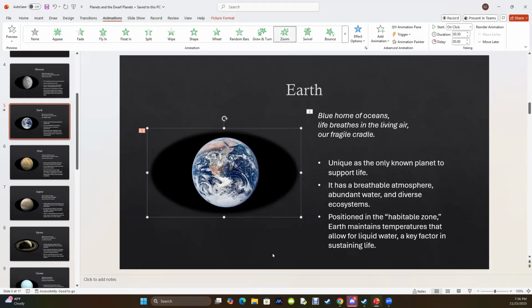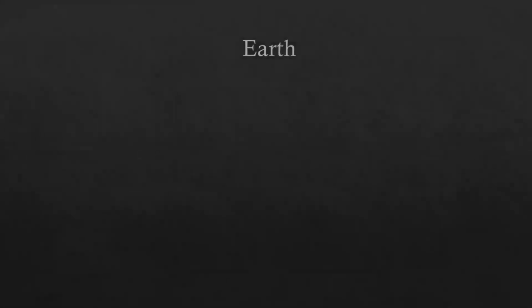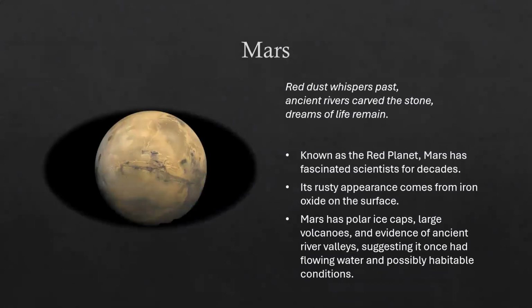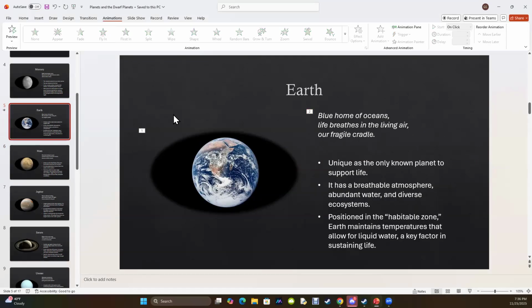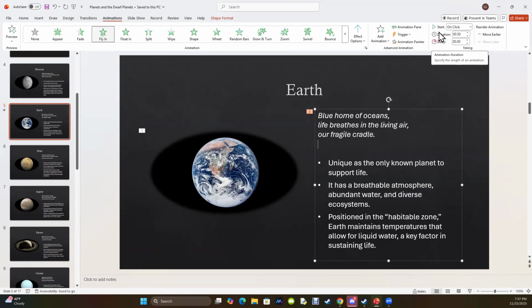I don't think you're both on click. Well, I'm not entirely sure why it's saying on click then, because it doesn't seem to be doing it on click. Yeah, I don't know.